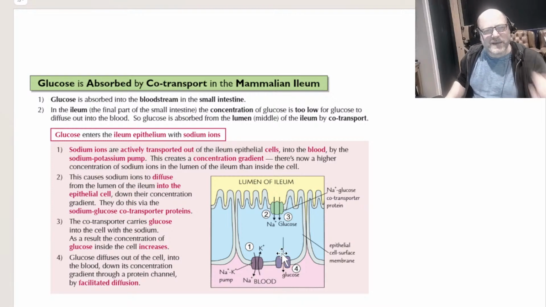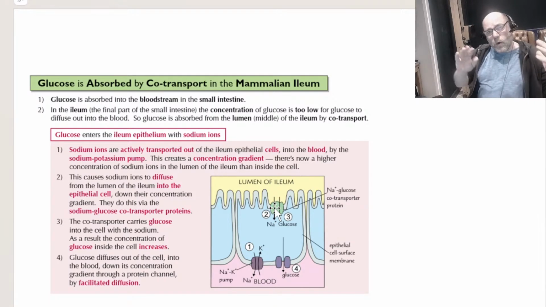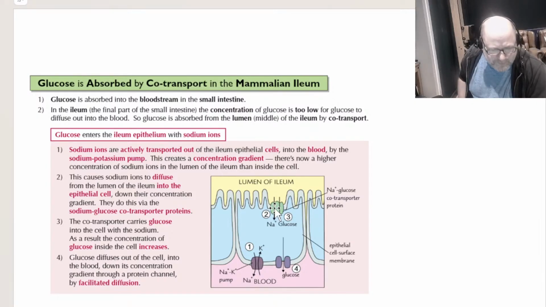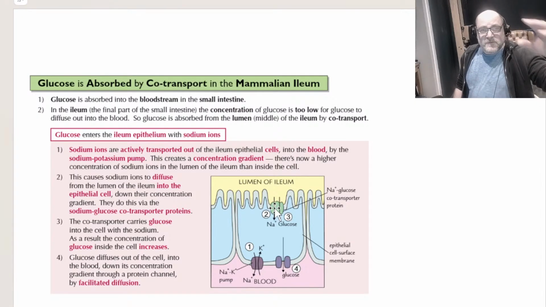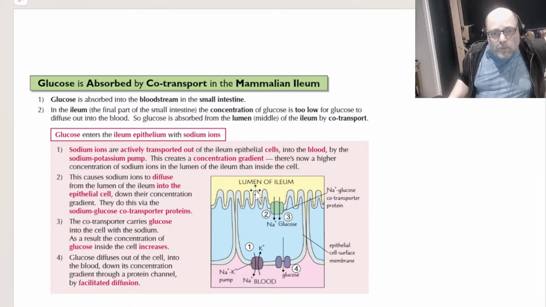So we might say, sir, why do we need sodium ions to drag the glucose through? Why don't we just have a facilitated diffusion channel? What's the problem with diffusion? The problem with diffusion is you're going to struggle to get more than 50%.